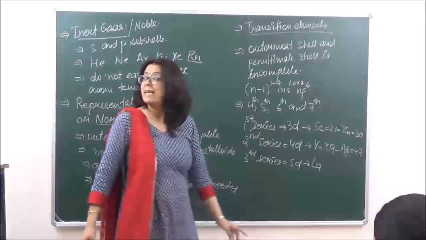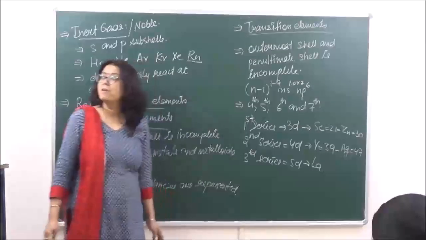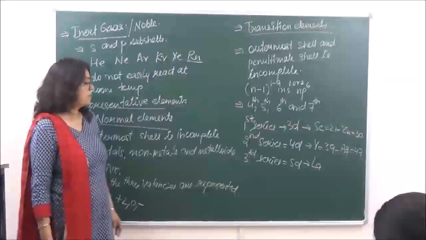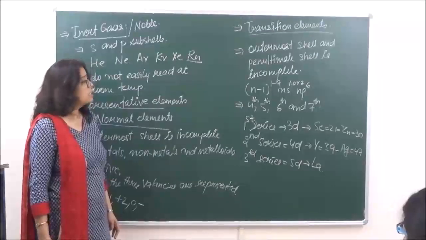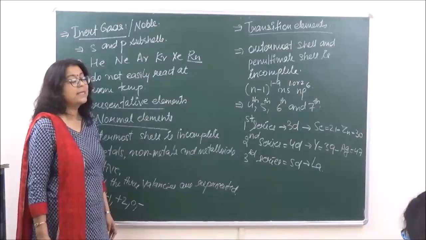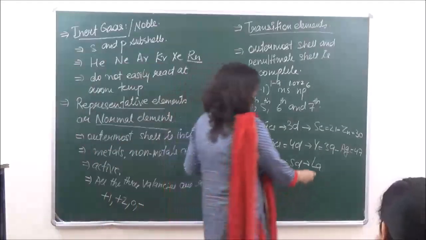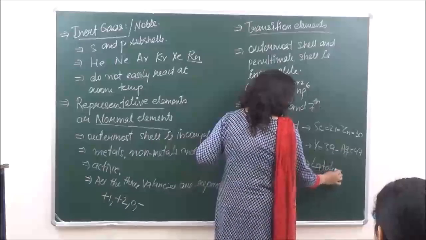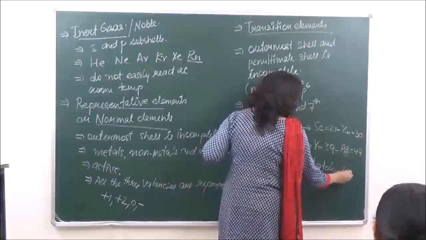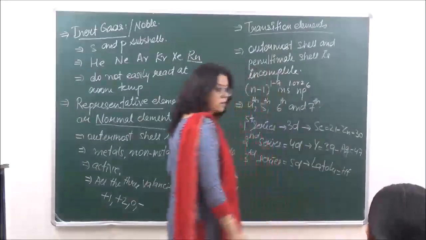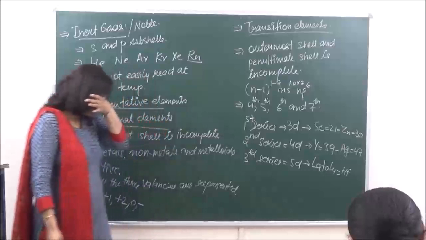And it starts from lanthanum, right? From lanthanum we first fill up the F block series, or the inner transition series, which we call from lanthanum to lutetium. We fill that up, and then from hafnium. Hafnium is the D block.